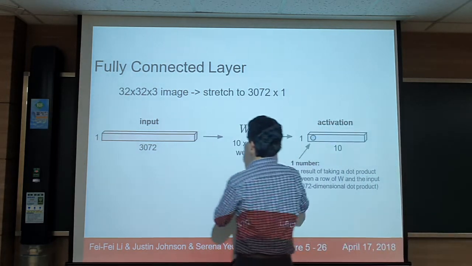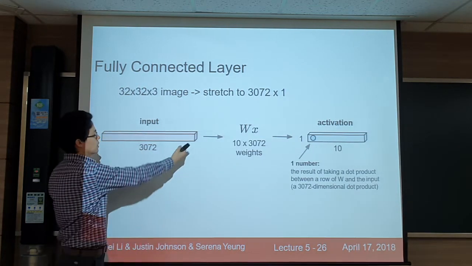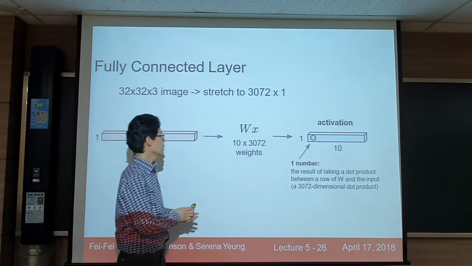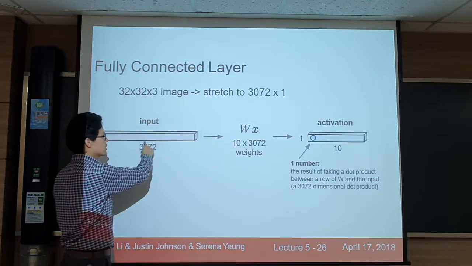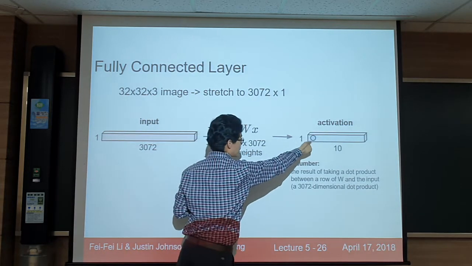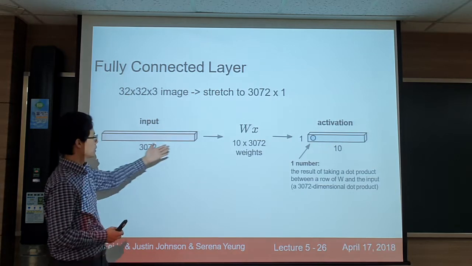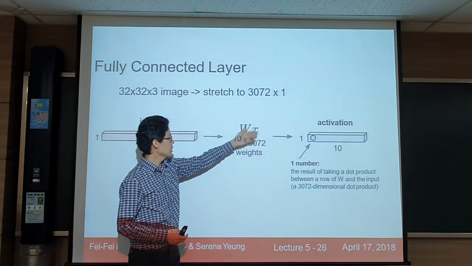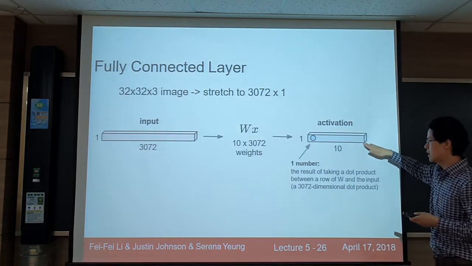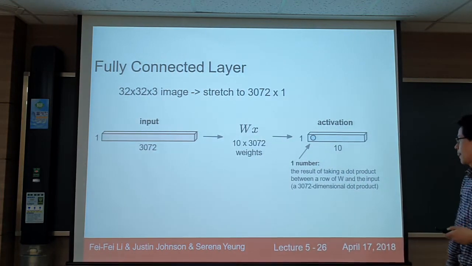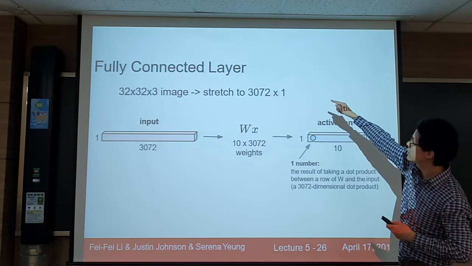So say the input is a one-by-N big vector, then we consider all the connections for producing one output. We look at all the input. That's why for this case we need this big weight matrix for extracting these 10 activations. And that's the fully connected layer.